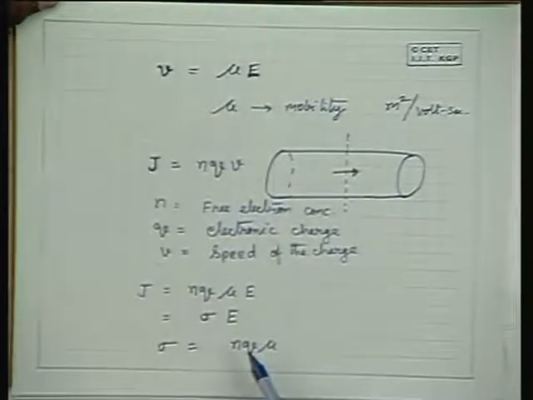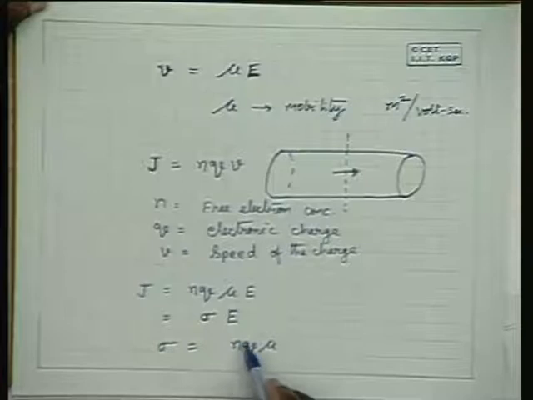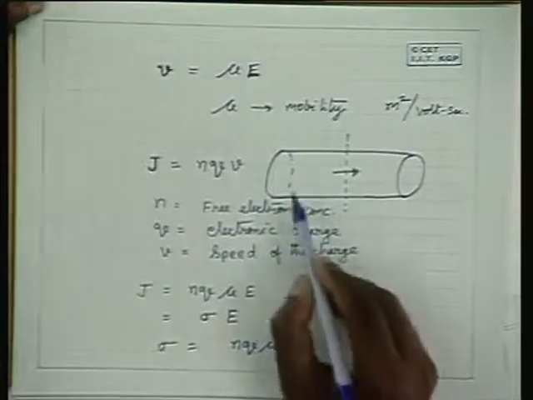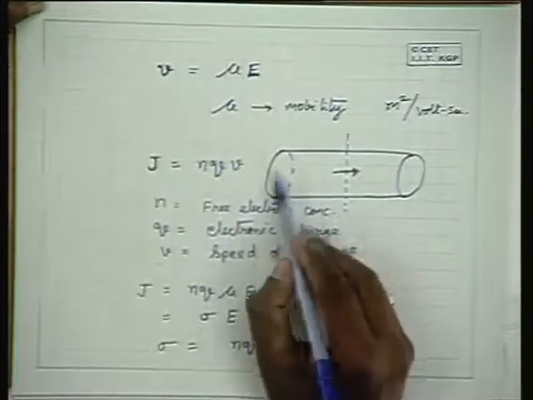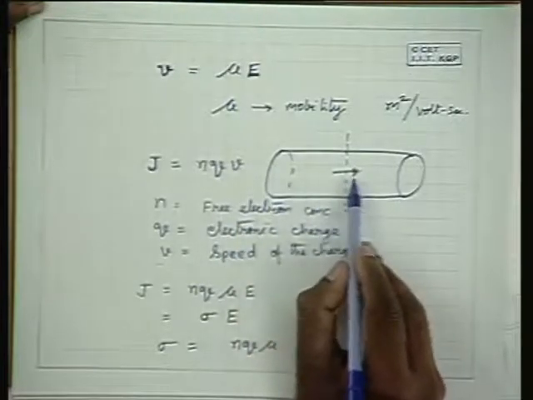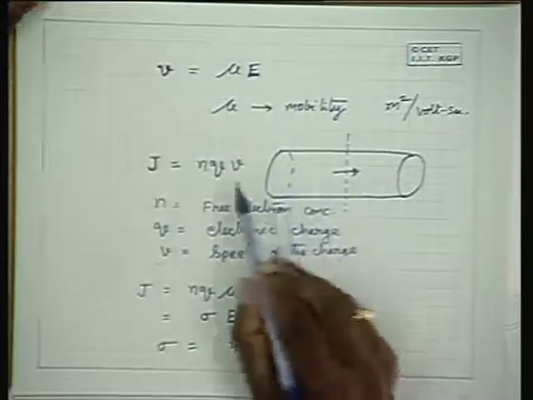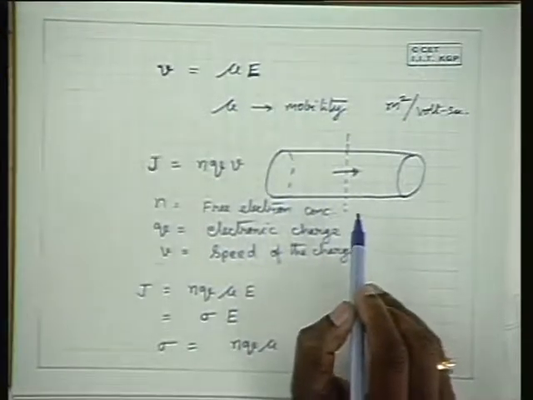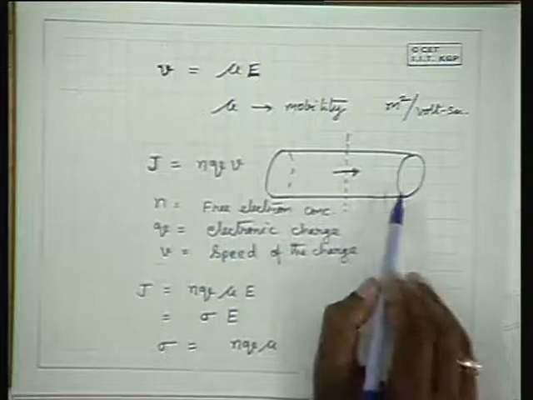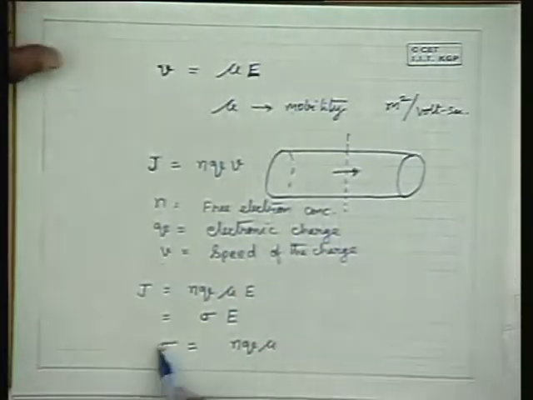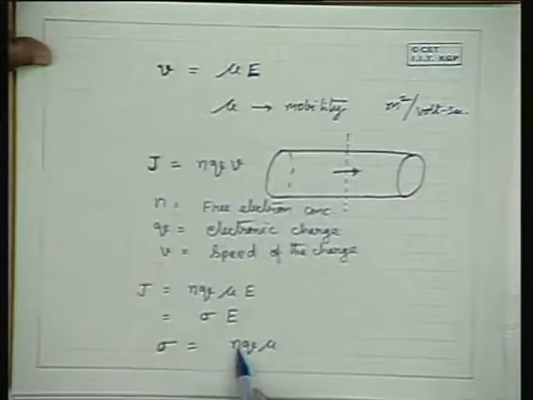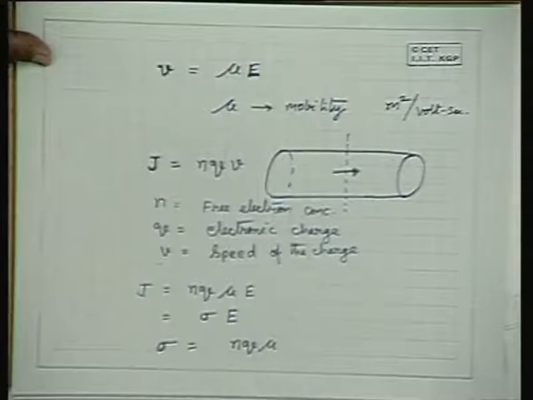This expression is valid for all kinds of materials where, under an external field, the charged particles, that means the electrons, possess constant velocity, or constant speed I would say, and the number of free electrons is N. Then the conductivity of the material is equal to N into Q into mu; it is proportional to the mobility of the material.